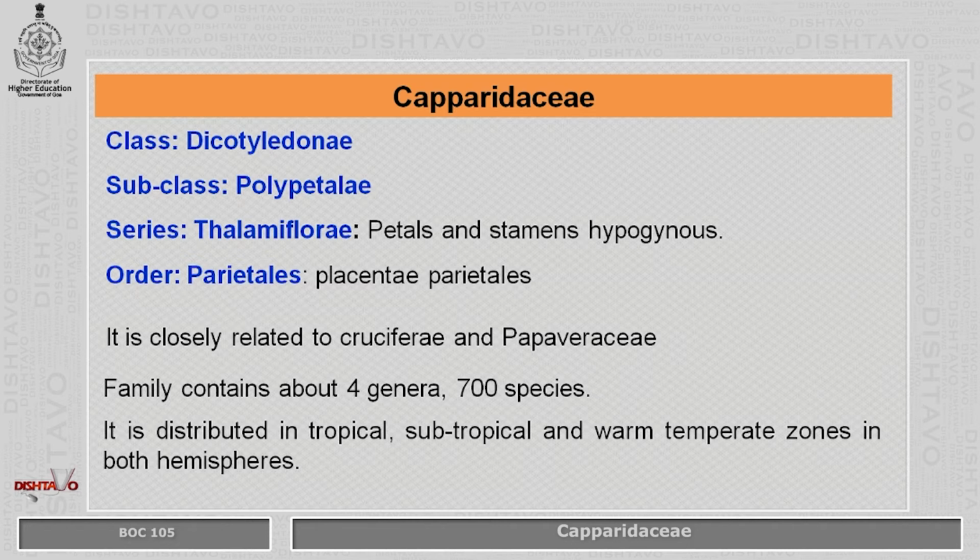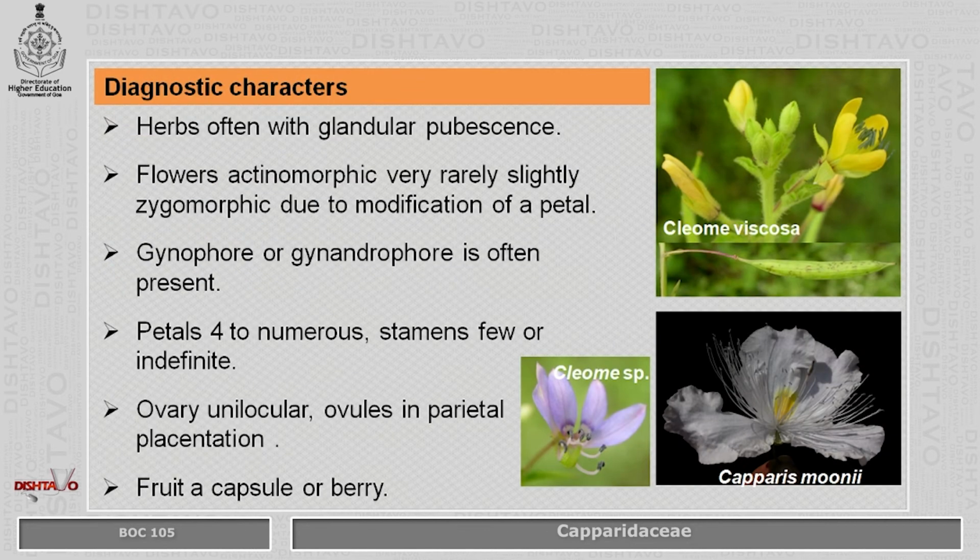The family is closely related to some other families such as Cruciferae and Papaveraceae. It contains 4 genera and about 700 species, which are distributed in tropical, subtropical and warm temperate regions of the world in both hemispheres. Diagnostic characters of this family.